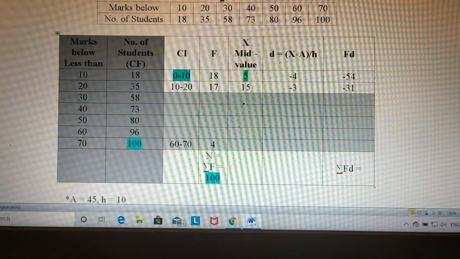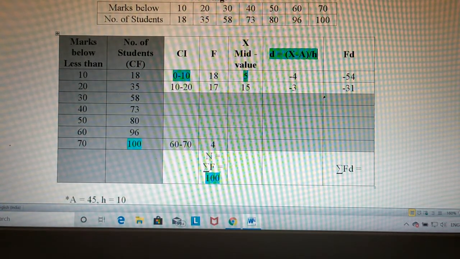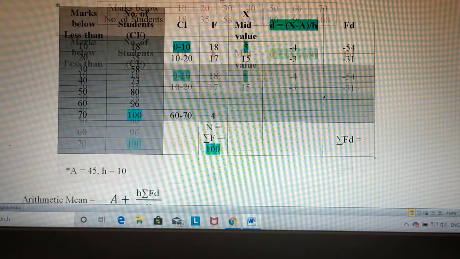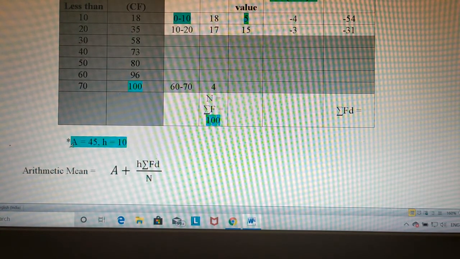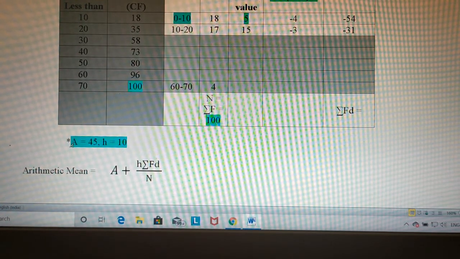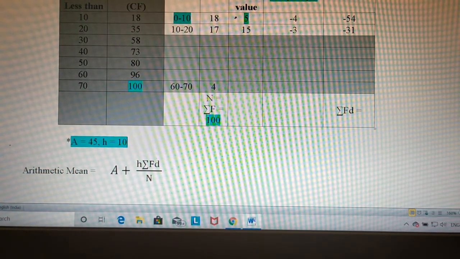After getting the mid value, you need to get a value called d, which is equal to x minus a, the whole divided by h. So what is a and what is h? We need to understand this before solving the problem. Here it is given a is 45 and h is 10. A is an arbitrary value which will be taken from the x values.